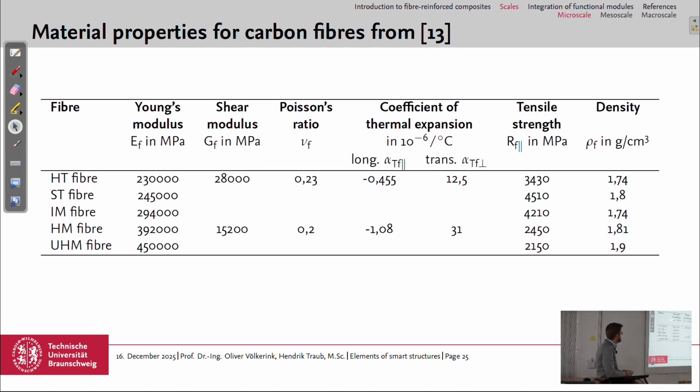Carbon fibers have similar tensile strength, lower densities than the glass fibers, but far higher Young's moduli, from 230 gigapascals for the high tenacity fiber up to 450 gigapascals for the ultra high modulus fiber, UHM.